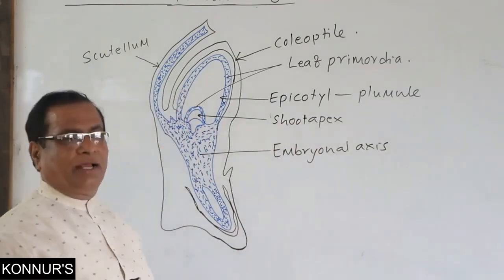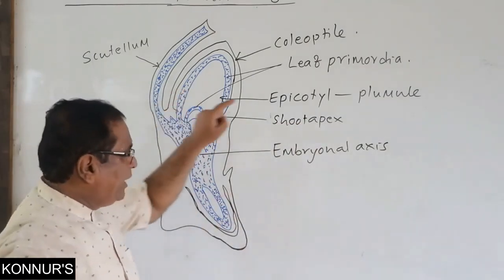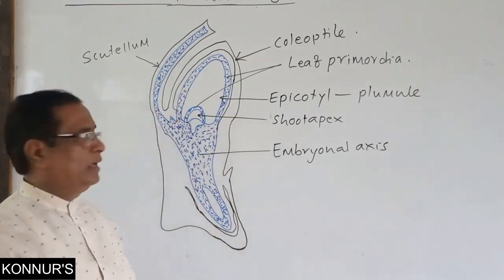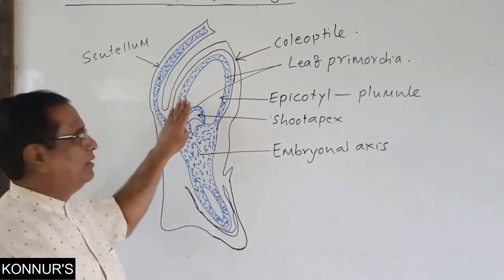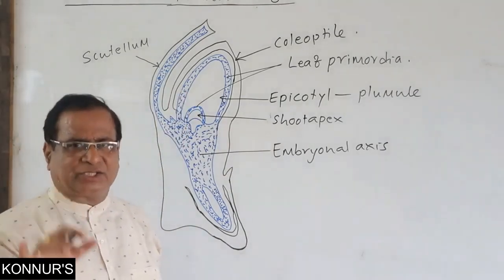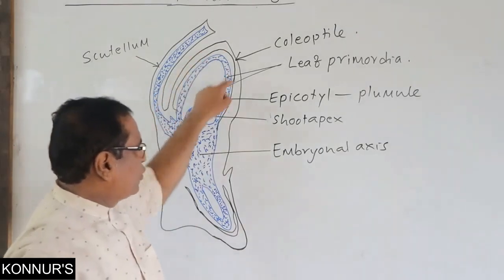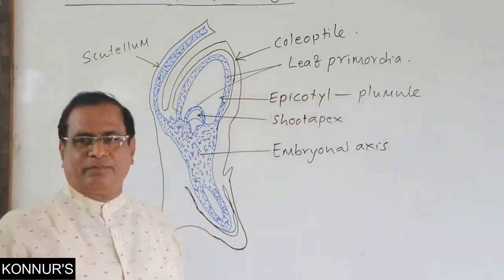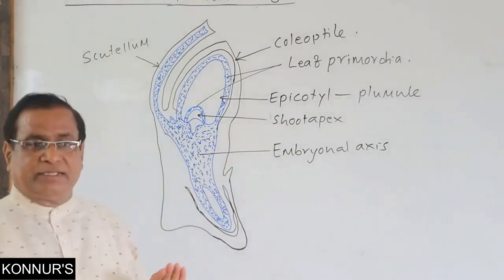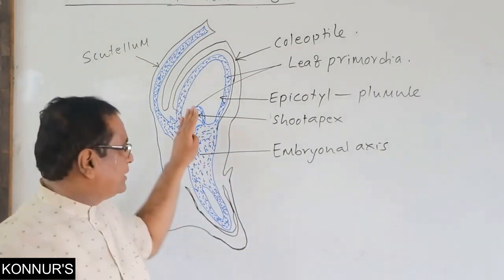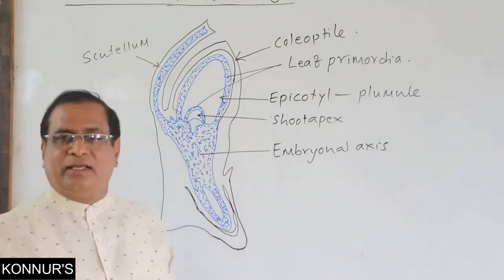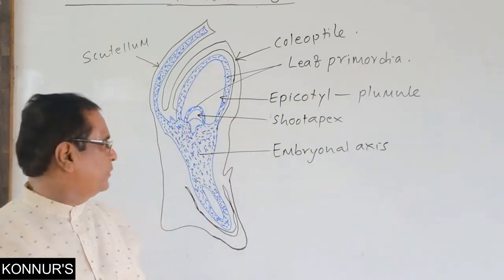It is covered by few leaf primordia, and in turn by a hollow foliar structure named coleoptile. Here the shoot apex is not naked. It is covered by leaf primordia as well as coleoptile.